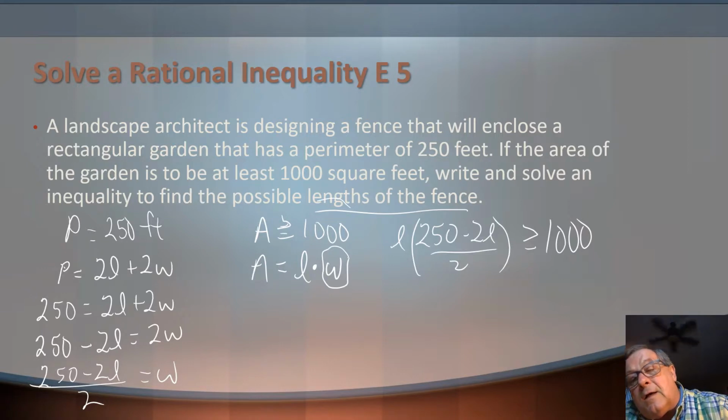And actually I could go ahead and simplify this a little bit to 125 minus L. All right, well, let's distribute this L. So I've got L times 125, so we could say that 125L minus L squared is greater than or equal to 1,000.